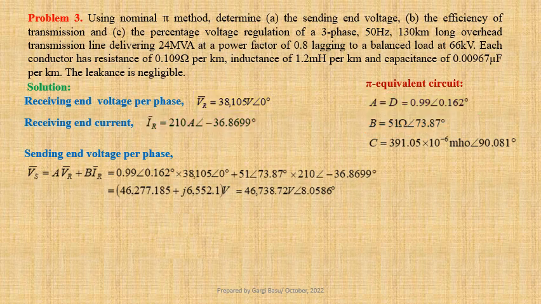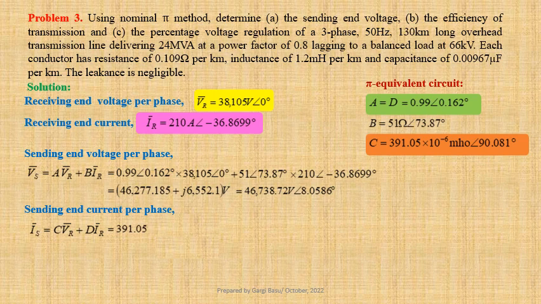8.0586 degree. And expression for sending end current per phase Is equals C times VR plus D times IR. Using values we get 391.05 into 10 to the power minus 6 at an angle 90.081 degree into 38,105 at an angle 0 degree plus 0.99 at an angle 0.162 degree into 210 at an angle minus 36.8699 degree.